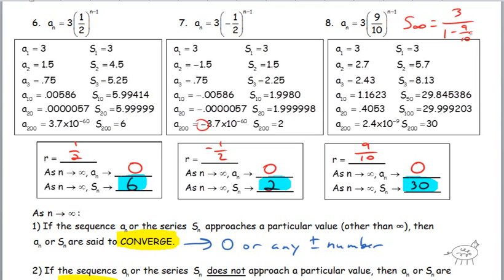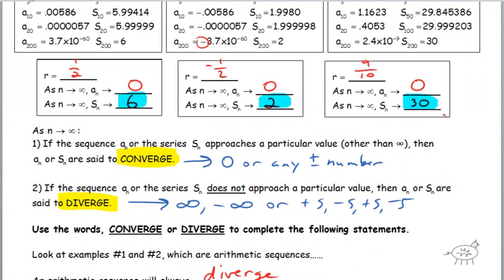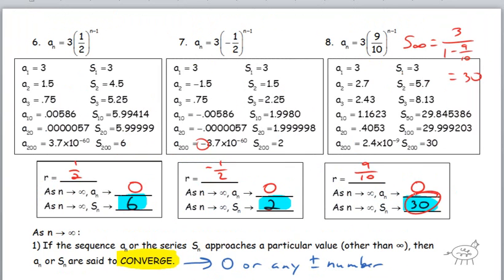So basically 3 divided by 1/10 is 30, which, if we come back down here, is this guy right here. It is going to 30. We kind of looked at the series and figured out it's going to 30, but truly we could have used a nice little friendly formula: S sub infinity equals a sub 1 over 1 minus r. That's a nice little friendly formula that you'll use to figure out the sum of a series.